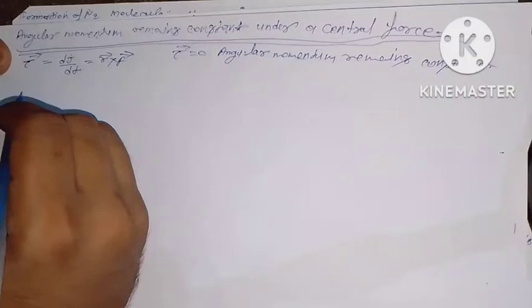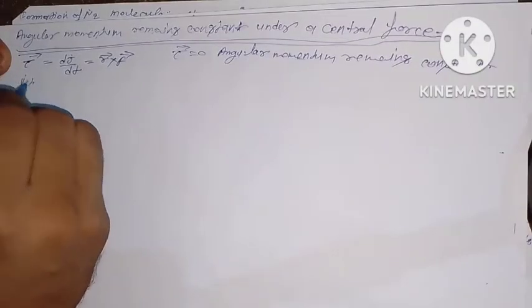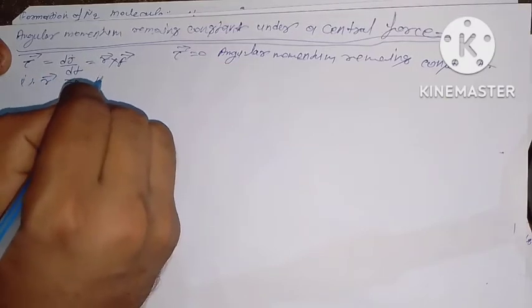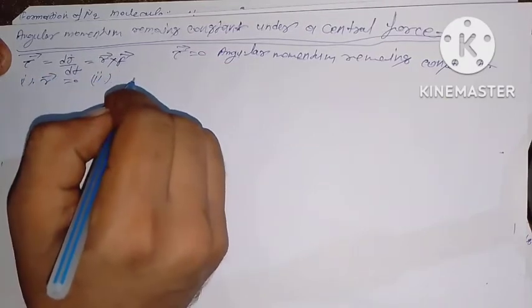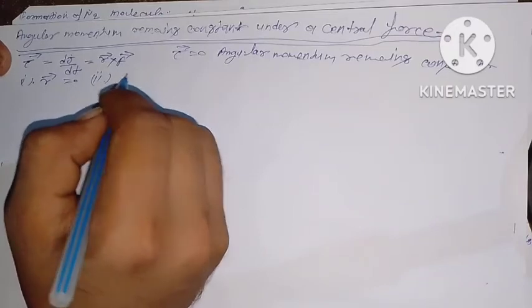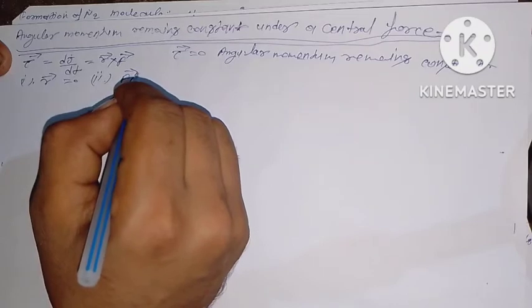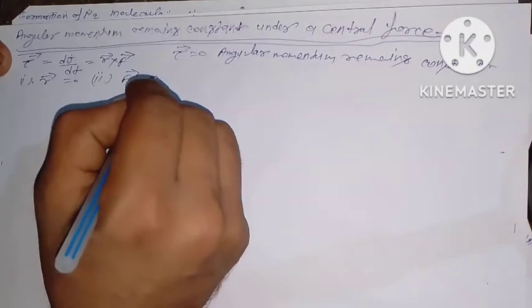First point: its position vector r equal to 0. Second point: the force vector F applied to it is 0.